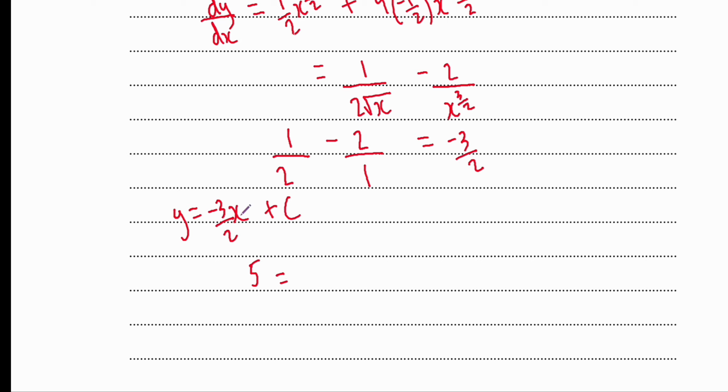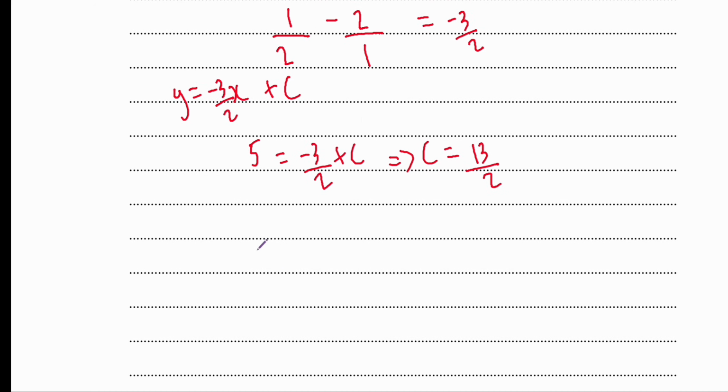So 5 equals negative 3 over 2 times 1, which is just negative 3 over 2, and then plus c. Well, you can rearrange this to get c is equal to 5 plus 3 over 2. Well, that's just 13 over 2. And that's it. You have the equation of the tangent at that point: y is equal to negative 3x over 2 plus 13 over 2.